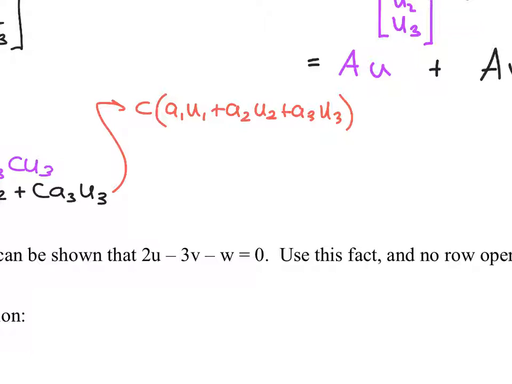So I have the C. I'm going to go blue for those keeping score at home. And then that's going to be multiplied by A1, 2, and 3, which in turn is multiplied against U1, 2, and 3.